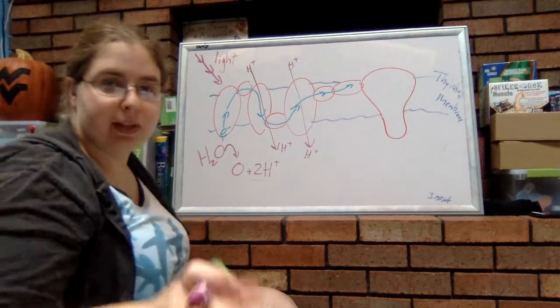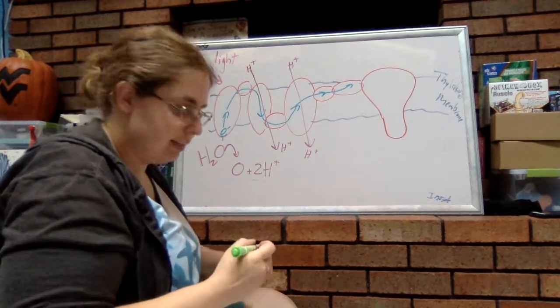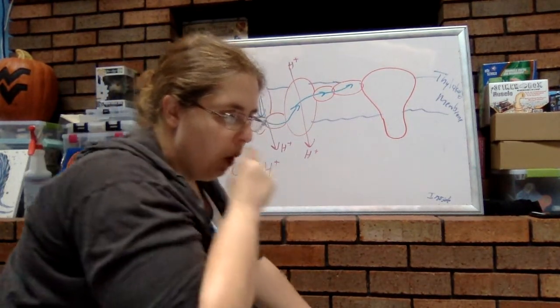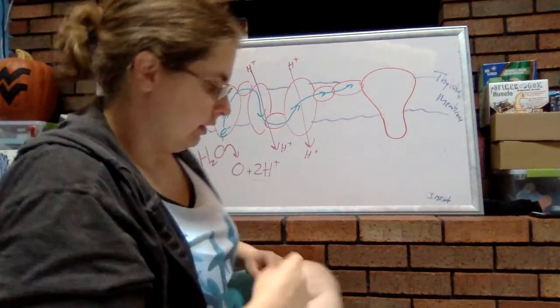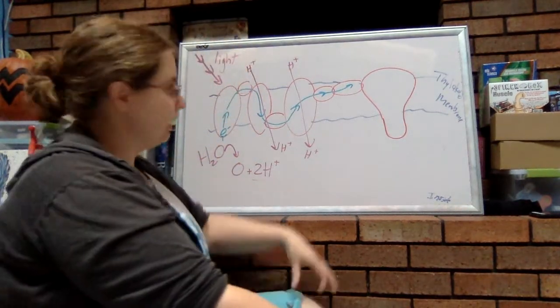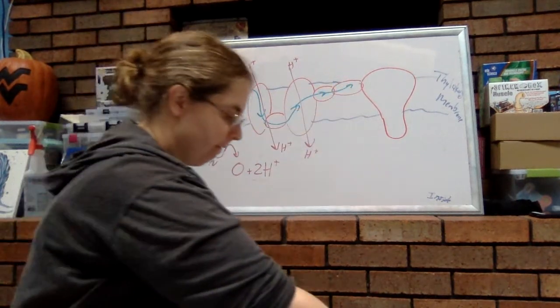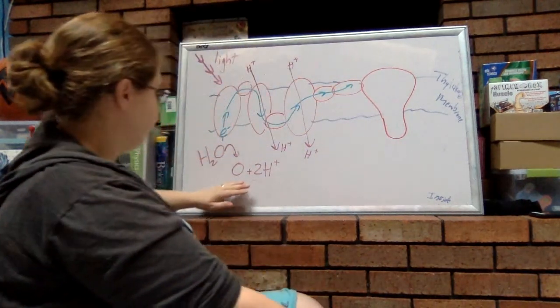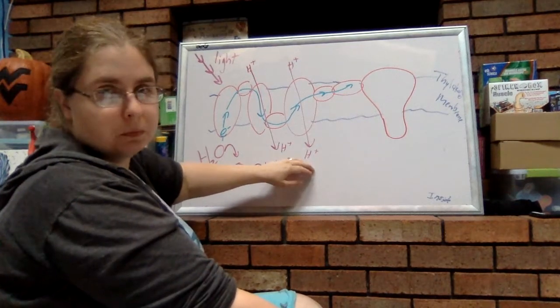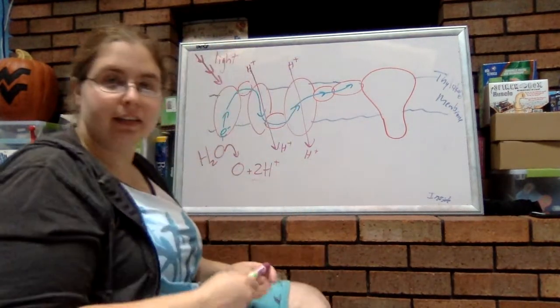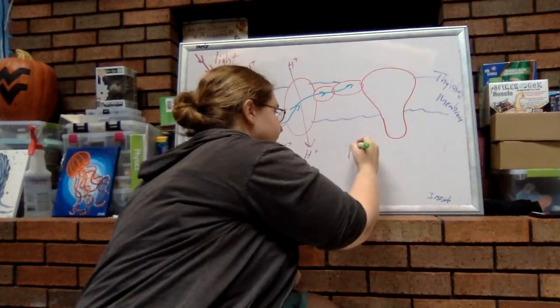That's actually very important that we do that because of the last step. Now, again, we're going to talk about what happens here in a moment. So what we're also doing, though, is inside the thylakoid, we are amassing a bunch of hydrogen ions.